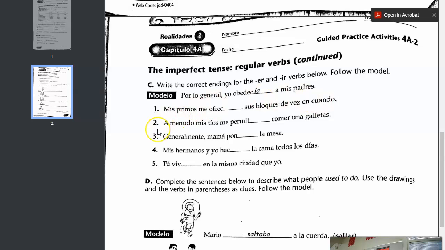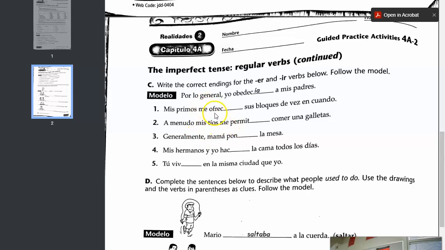And part 2 is going to have the same answer. But you can see your subject is also plural. A menudo mis tíos me permitían comer una galleta. Should say unas galletas. Same ending as number 1 because our subject is plural.